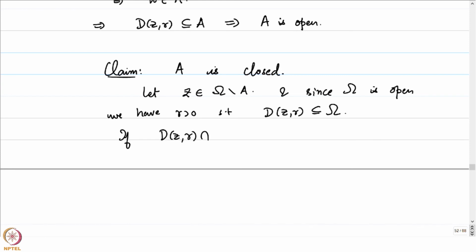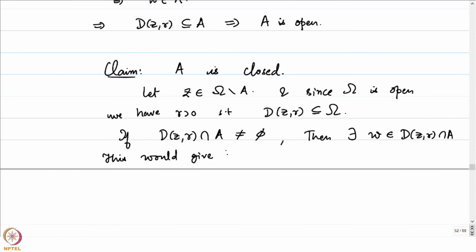If D(z, r) intersected with capital A is not empty, suppose this is a non-empty set, then there exists w in the intersection, and by a very similar argument as above, we will be able to get hold of a path from z0 to z through w, and that would give a contradiction to our assumption that z is not in A. Just fill in the details, we have already done that.